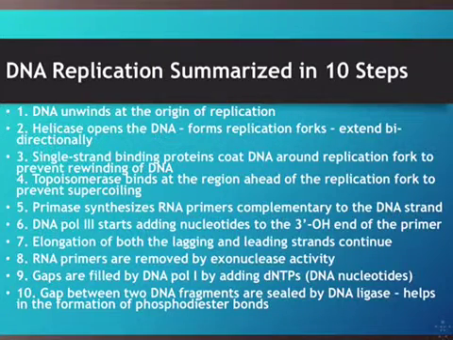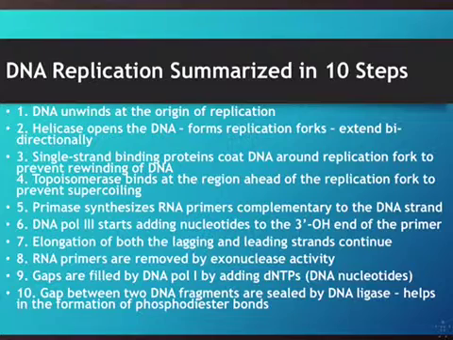So step 1, that DNA unwinds at the origin of replication. The helicase opens the DNA and forms those replication forks, and they extend bidirectionally. The single-strand binding proteins coat DNA around the replication fork to prevent the rewinding of DNA. Topoisomerase binds at the region ahead of the replication fork to prevent supercoiling.